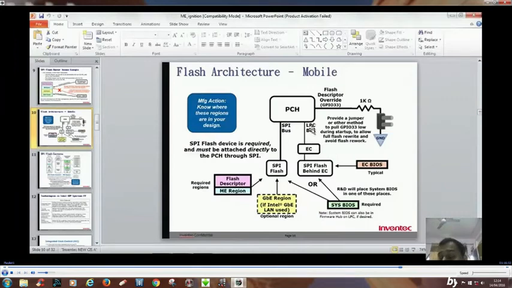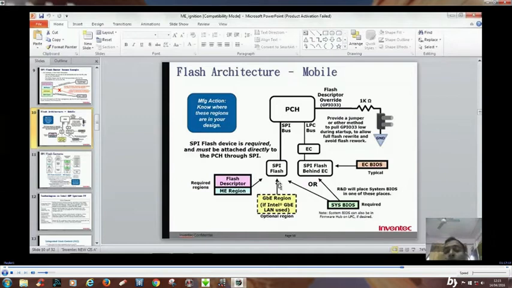What is LPC? LPC is low pin count. In the notebook motherboard, one BIOS chip needs to be present, which should have the BIOS region, GBE region, and AMI region, and that is contained inside this SPI flash.